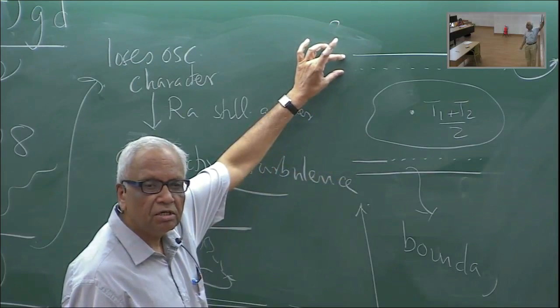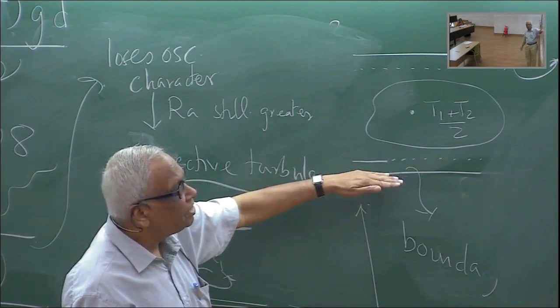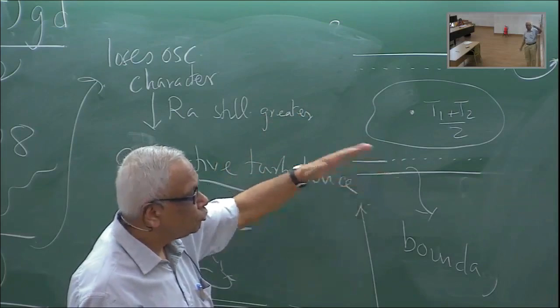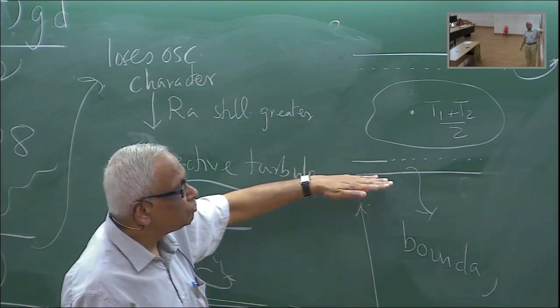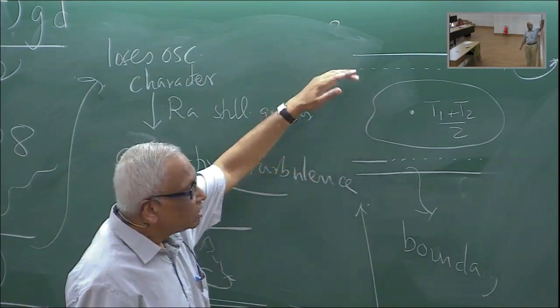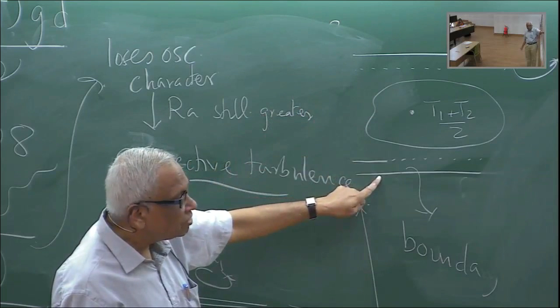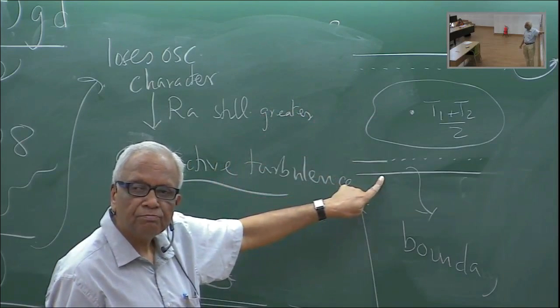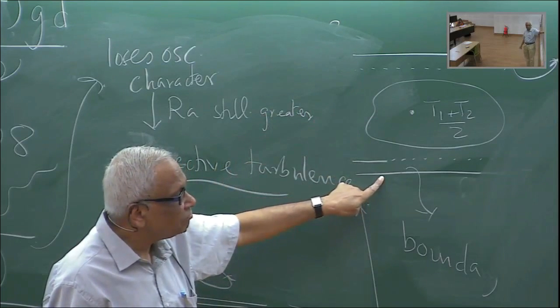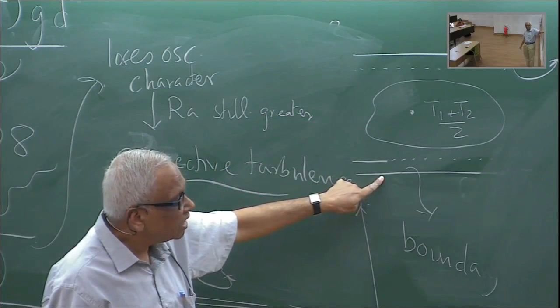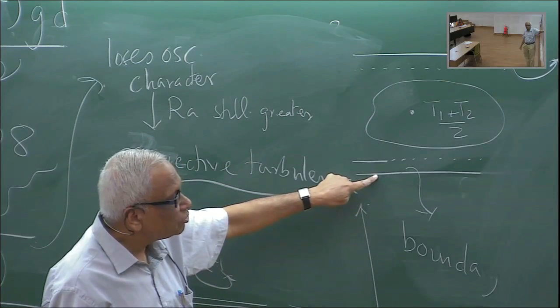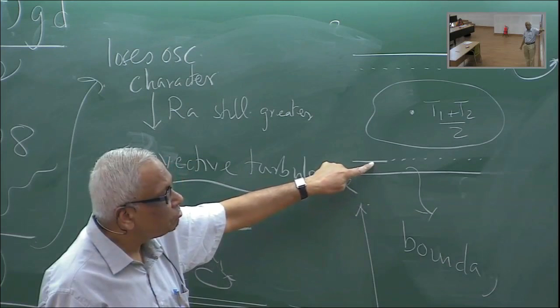Now, what is the total heat which is transported from here to here? That has to be the total heat which is leaving this surface. What is the amount of heat which is leaving this surface? That is the amount of heat being conducted across the boundary layer to this point over here.